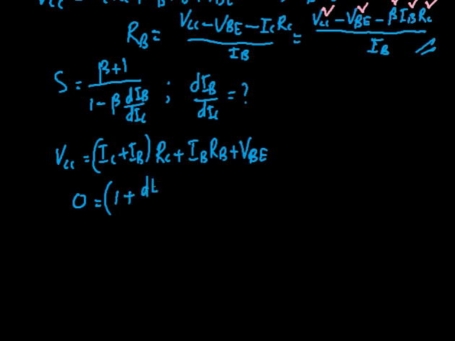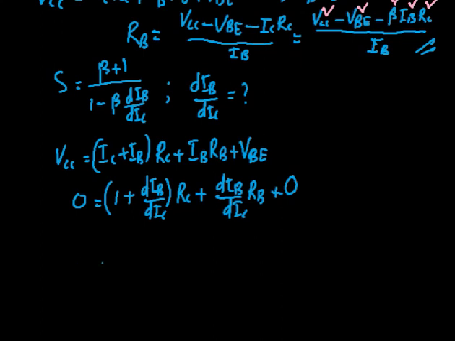Then the differential of IB with respect to IC is dIB by dIC into RC, plus dIB by dIC into RB, plus the differential of VBE, which is assumed to be a constant for a particular transistor, so it is equal to 0.